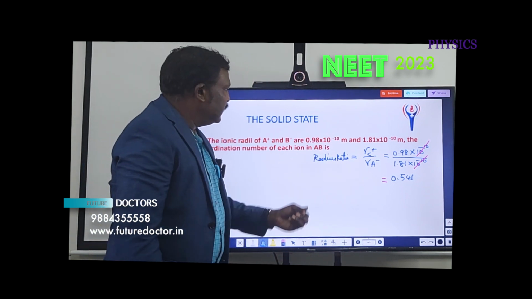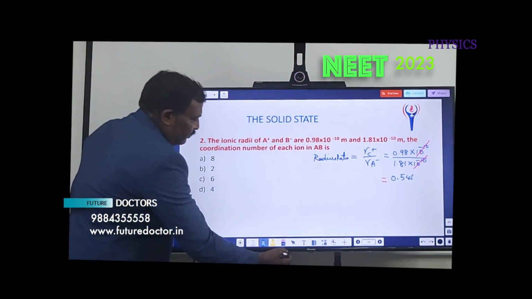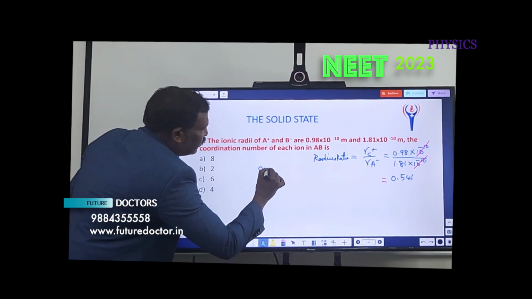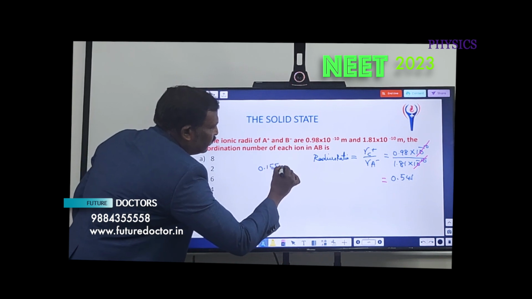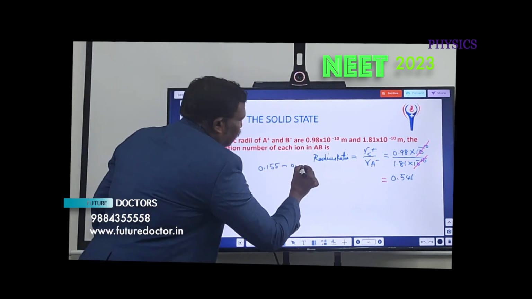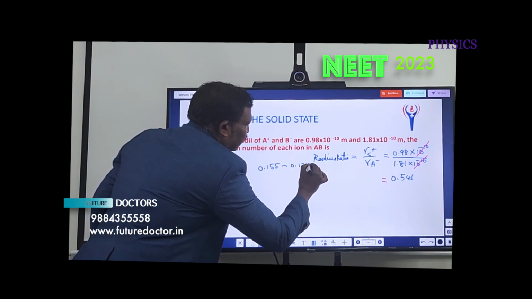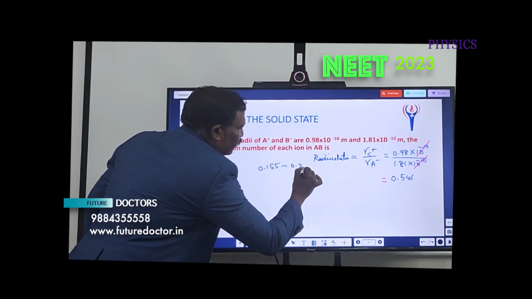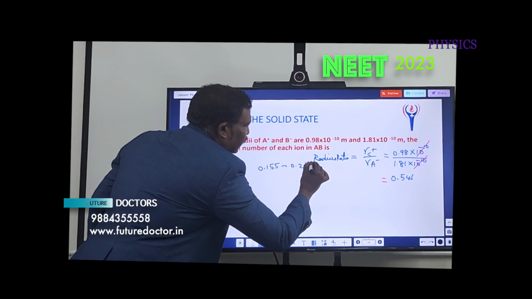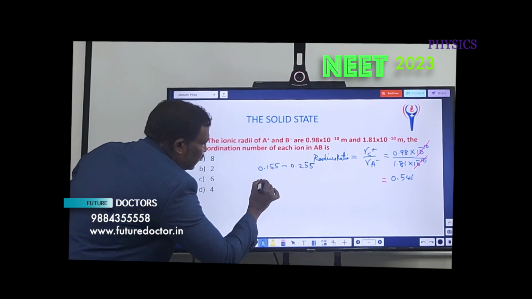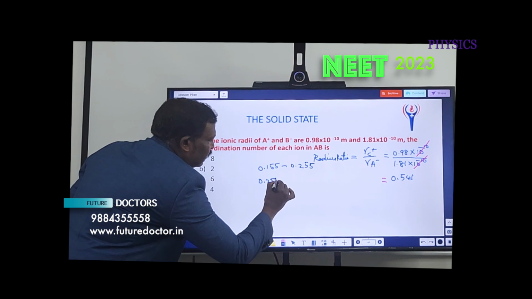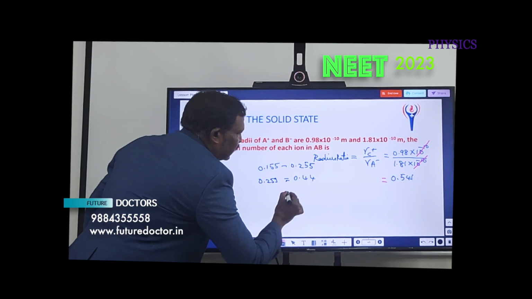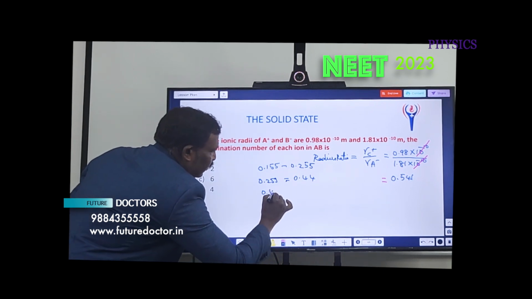We have the radius ratio ranges. Suppose the radius ratio is 0.155 to 0.225, then 0.225 to 0.414, then 0.414 to 0.732, and 0.732 to 1.0.